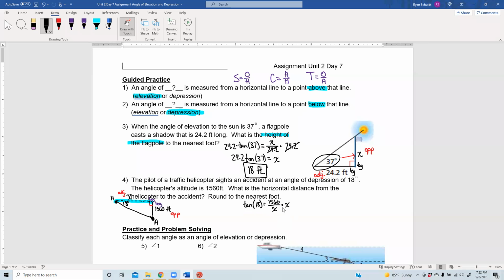Multiply by x on both sides. Those get canceled. We have x times the tangent of 18 equals 1560. Divide by the tangent of 18.